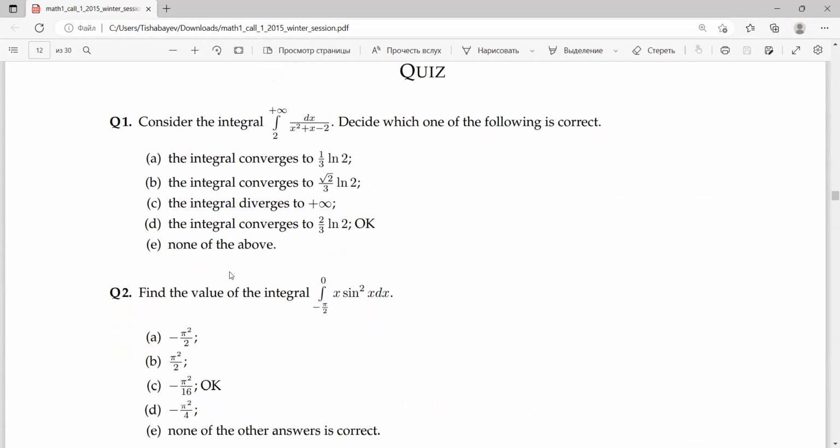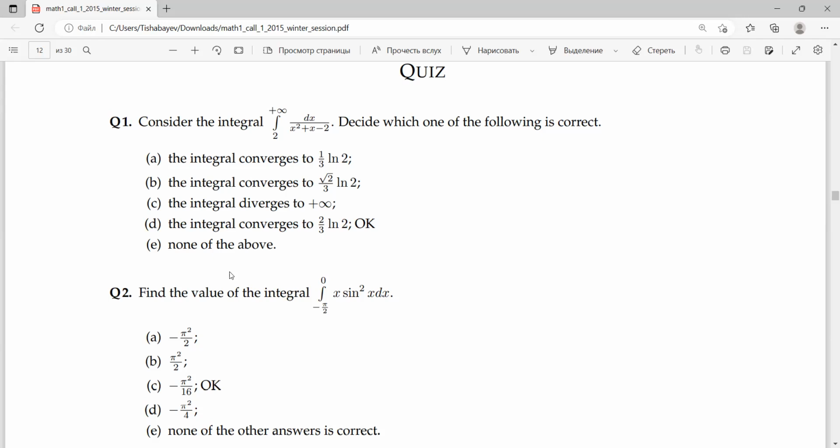So, how to find here the result? Does it converge or diverge? It converges. Why? Because the greatest cover is 2.